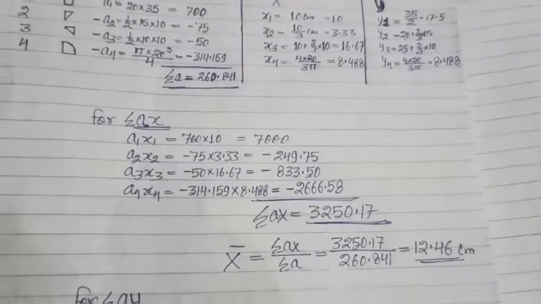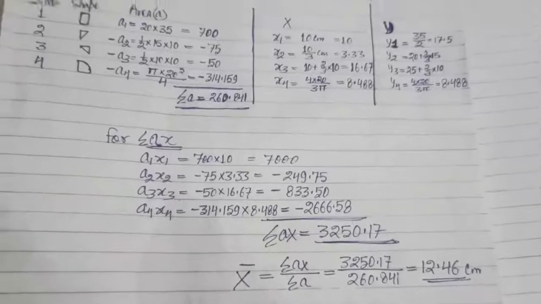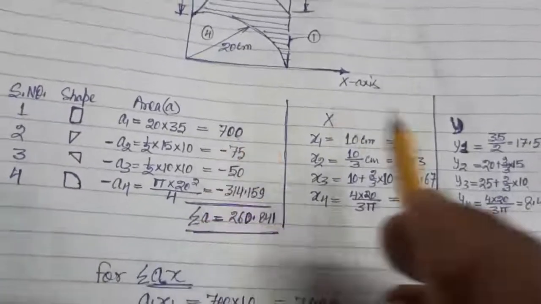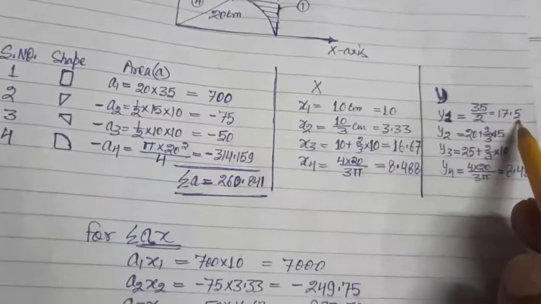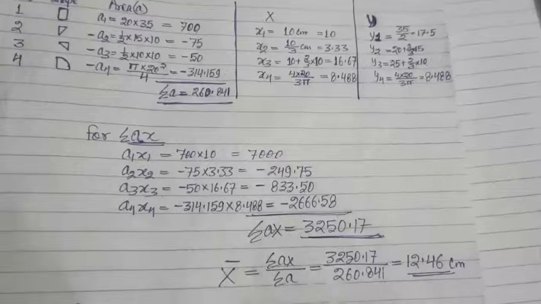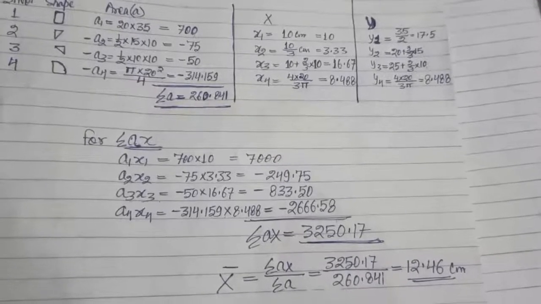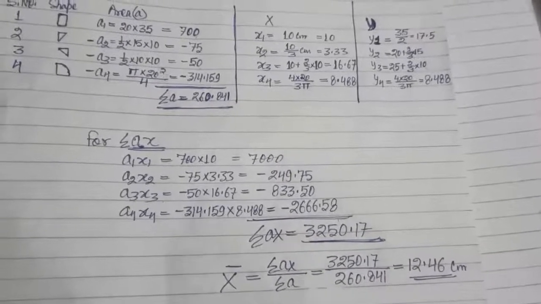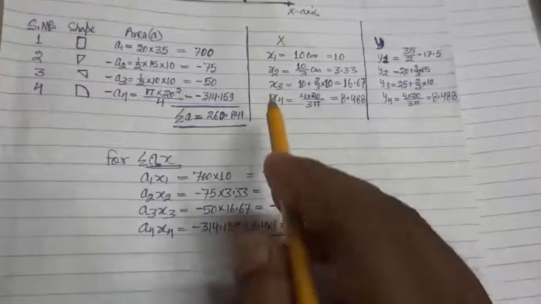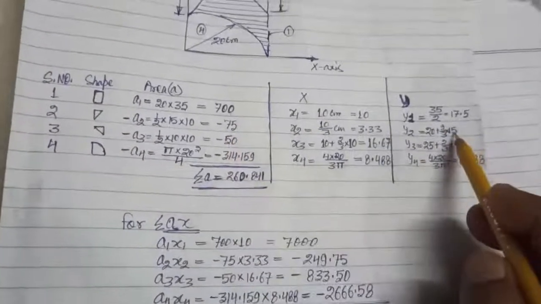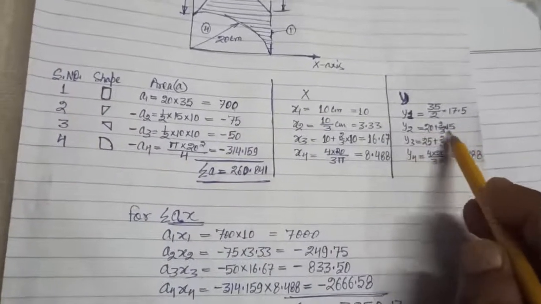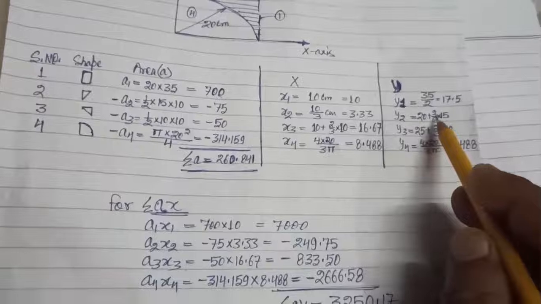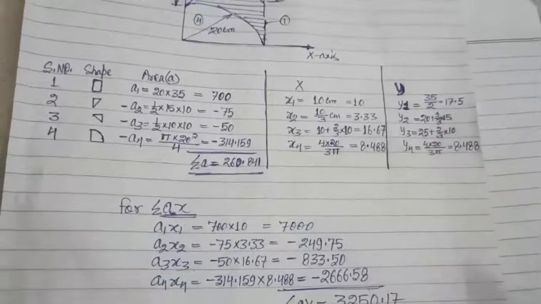Now ay is a1 y1. So a1 is 700, y1 is 17.5, which multiplied gives 12,250. And a2 y2 is minus 75 into this, which comes out as 30, since 20 plus 2 by 3 of 15 gives 30.